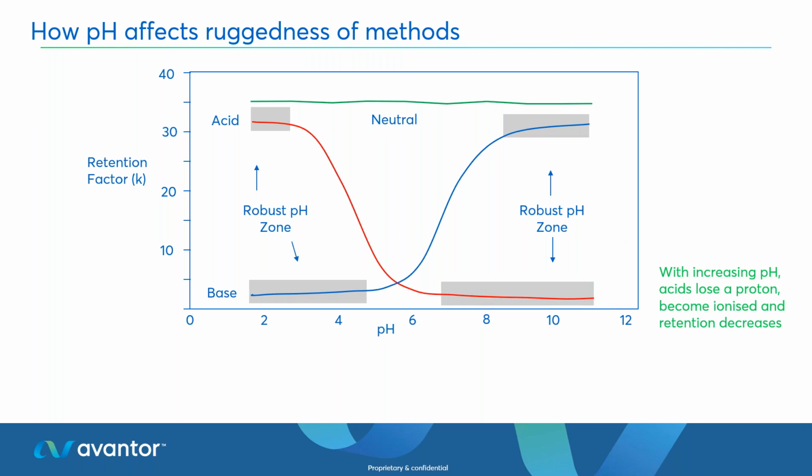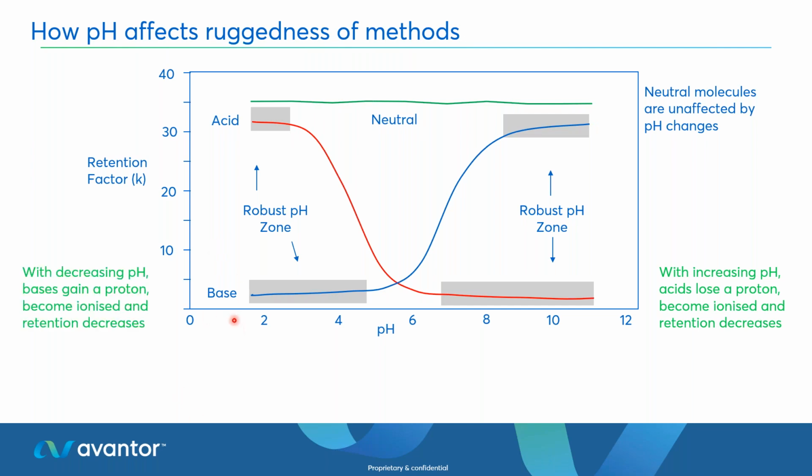If you've got a neutral compound, pretty much stable, the retention time across the pH range. And if you've got a base, you've got the opposite of an acid, so you have poor retention at low pH because the base is ionized, and you get much better retention at high pH because now you have a neutral compound, and that's better for reverse phase.